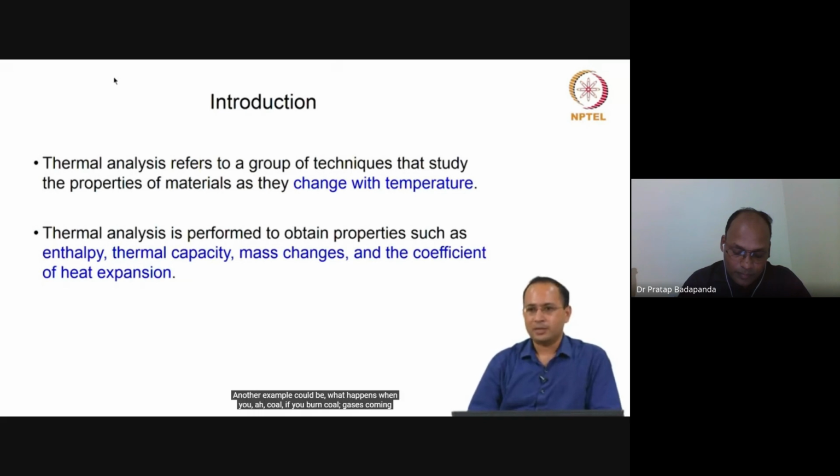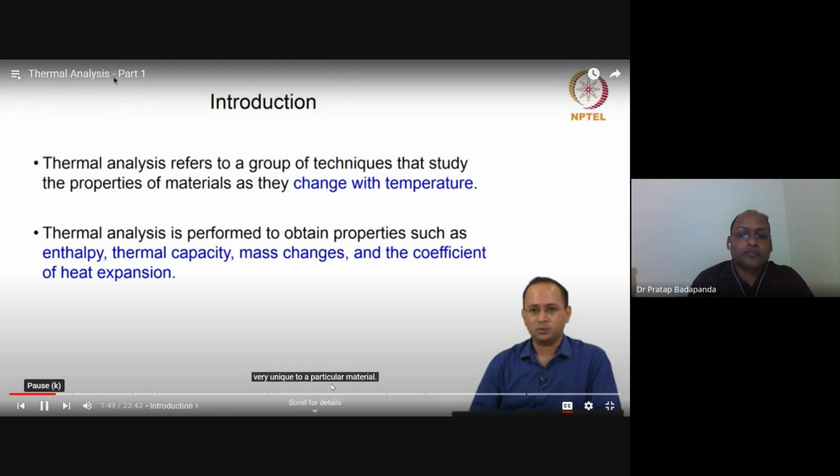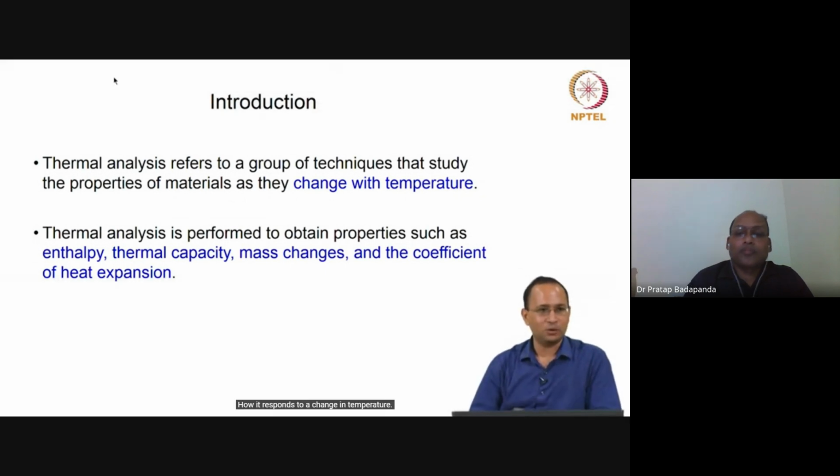Another example could be what happens when you burn coal. If you burn coal, gases will come out of the coal, like inflammable gases. So, depending on the material, you will see a particular response, and that is very unique to a particular material, how it responds to a change in temperature.